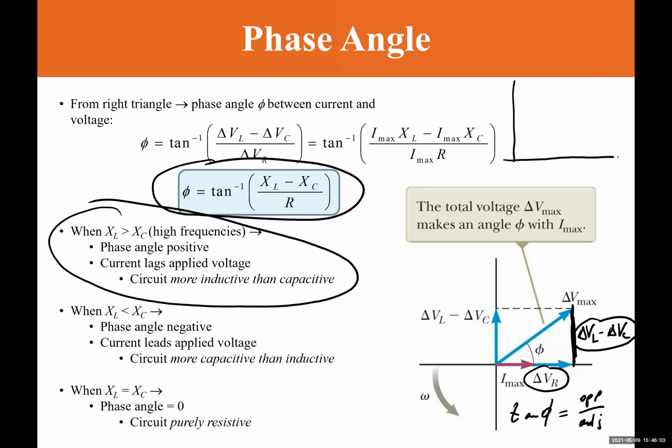This is my frequency, and this is my opposition to the current, the reactances and the resistance. Remember, X sub L is equal to omega L. That means X sub L, represented with the blue line here, increases with the frequency. So X sub L, as a reactance, is larger at higher frequencies.